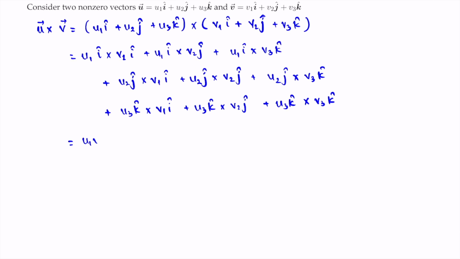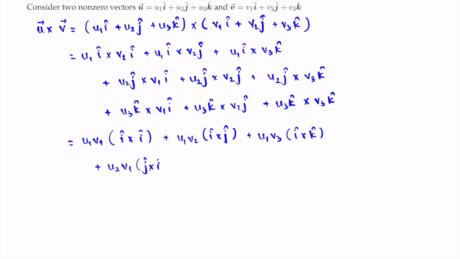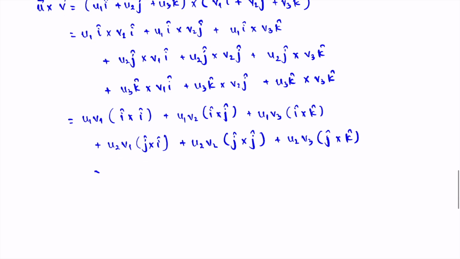So you get u1 v1 times i crosses with itself plus u1 v2 times i crosses with j plus u1 v3 times i crosses with k plus u2 v1 times j hat crosses with i plus u2 v2 times j hat crosses with itself plus u2 v3 times j crosses with k plus u3 v1 times k crosses with i plus u3 v2 times k crosses with j plus u3 v3 times k hat crosses with itself.